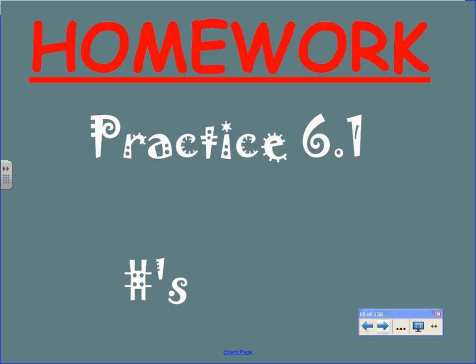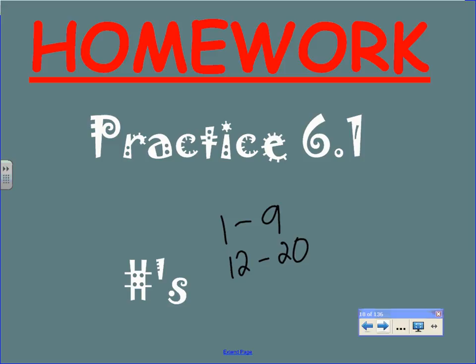Okay, I want you guys and girls to do numbers 1 through 9. 12 through 17, 18, actually 12 through 20 is what I meant to say. And then 25. Okay, 1 through 9, 12 through 20, and then 25.